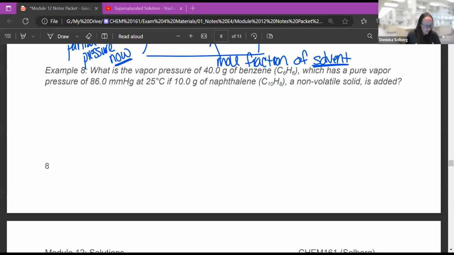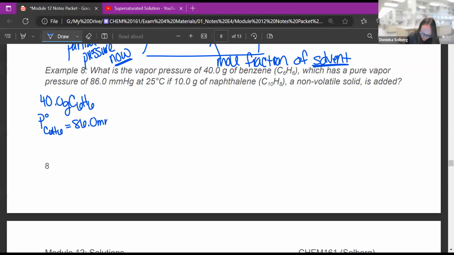So I'm just going to write again what I have. I have 40 grams of C6H6. That's my solvent, which has a pure vapor pressure. So P naught of C6H6 is 86.0 millimeters of mercury. I don't actually need that temperature.